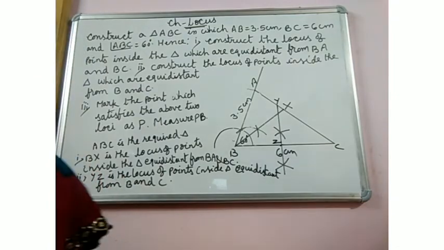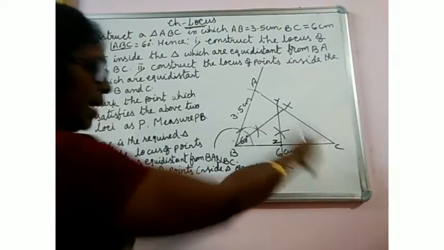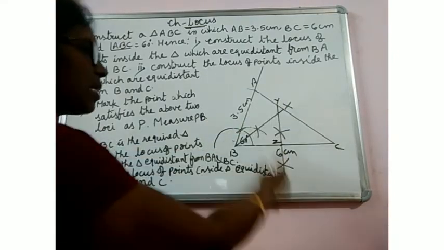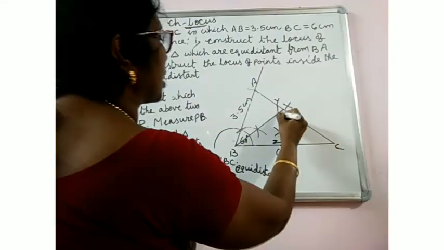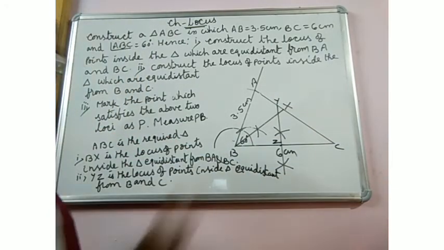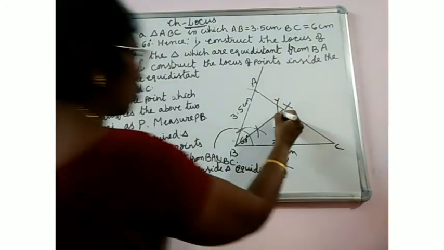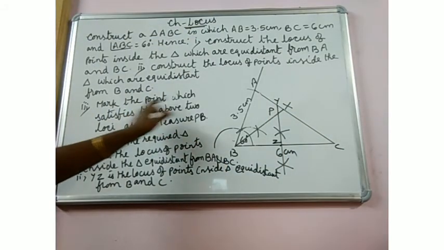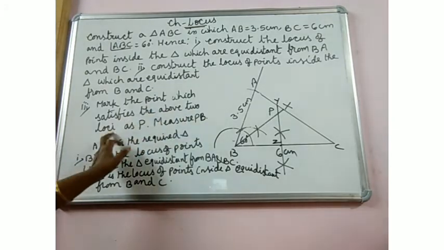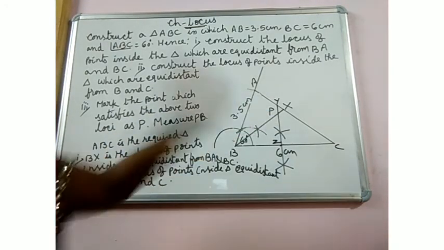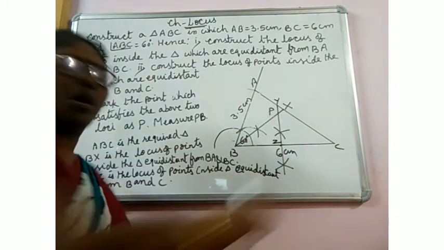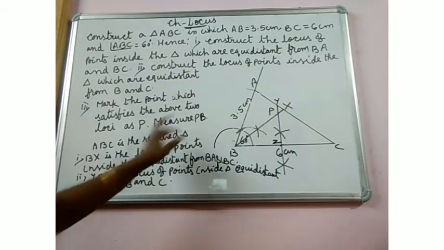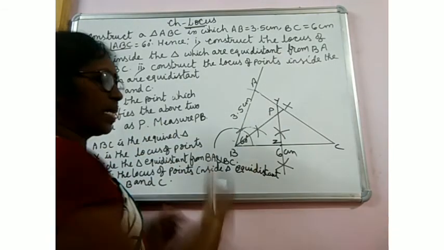YZ is the locus of points equidistant from B and C. And the point which satisfies both these is the point of intersection of BX and YZ, and that we have to name as P. That is what is asked: mark the point which satisfies the above two loci as P. So the point of intersection of BX and YZ is P. Next, measure PB.